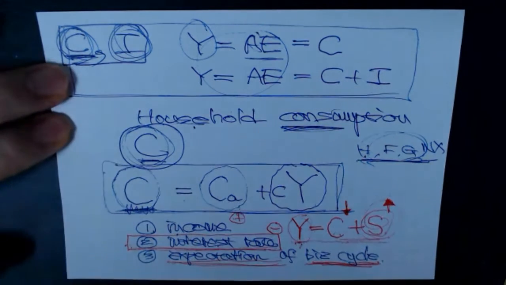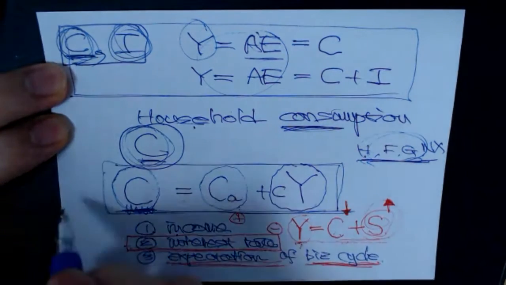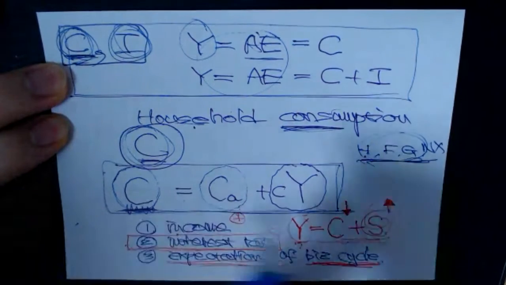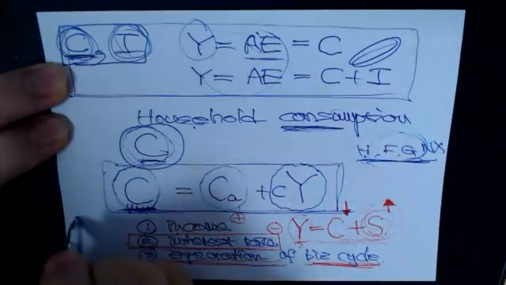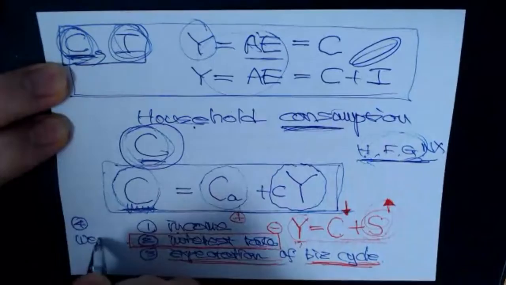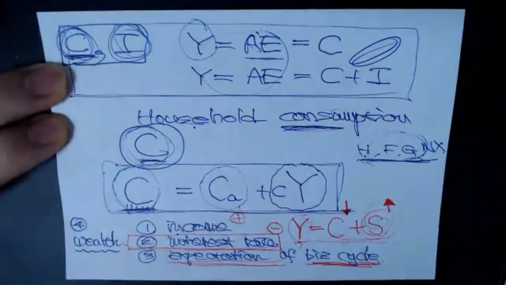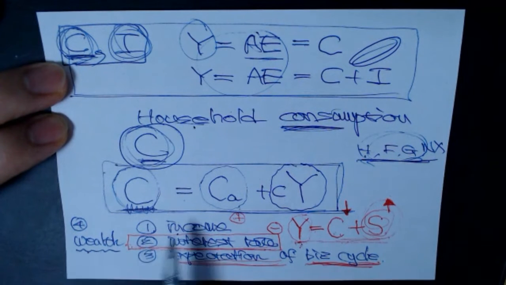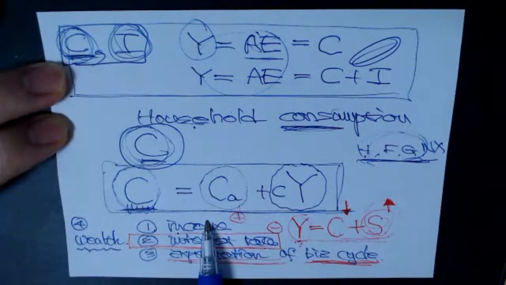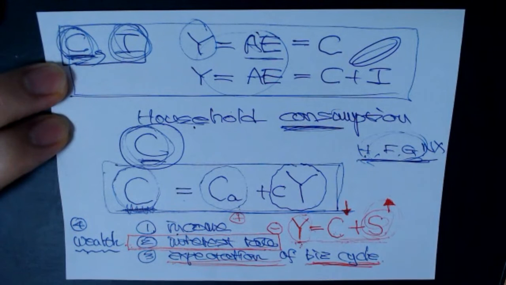What else? Another important thing people often call wealth. What do we call wealth? How is it different from income? Income is the cash flow you have frequently.